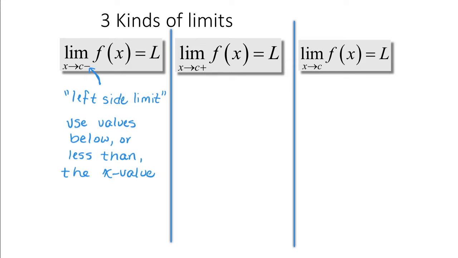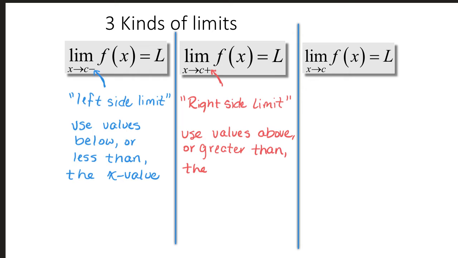For the second kind of limit, it's going to be read the exact same way, but now instead of a minus sign afterwards, you're going to see a plus sign afterwards. This is what we call a right-sided limit. And this uses values above or greater than the x value.